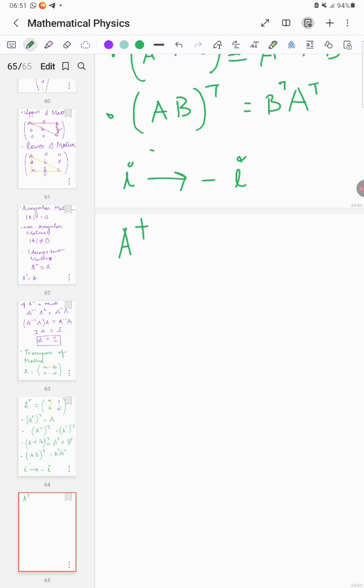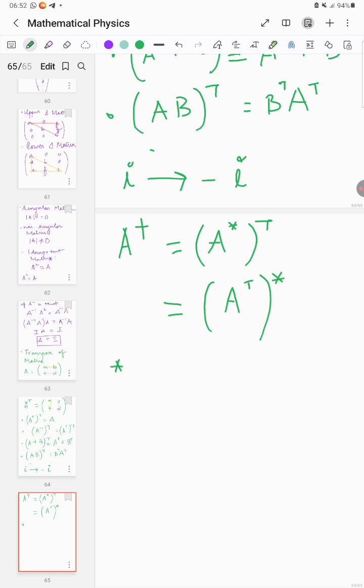A plus, which looks like a dagger, is called a dagger. So what does this dagger symbol do to A? What it does is it finds its complex conjugate's transpose, which is again equal to A transpose and its complex conjugate.